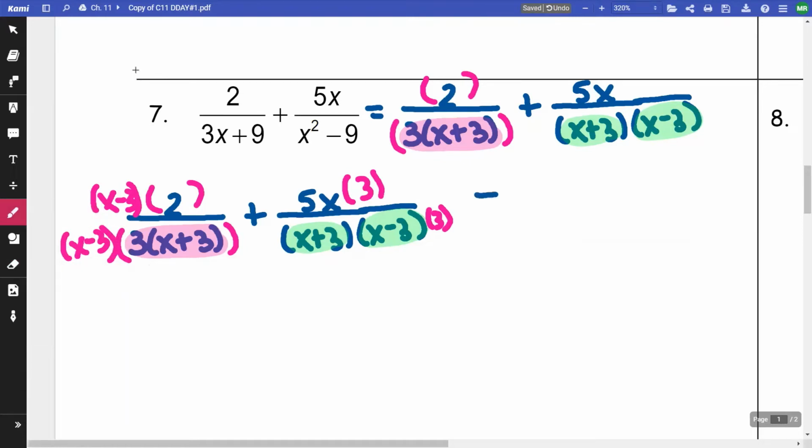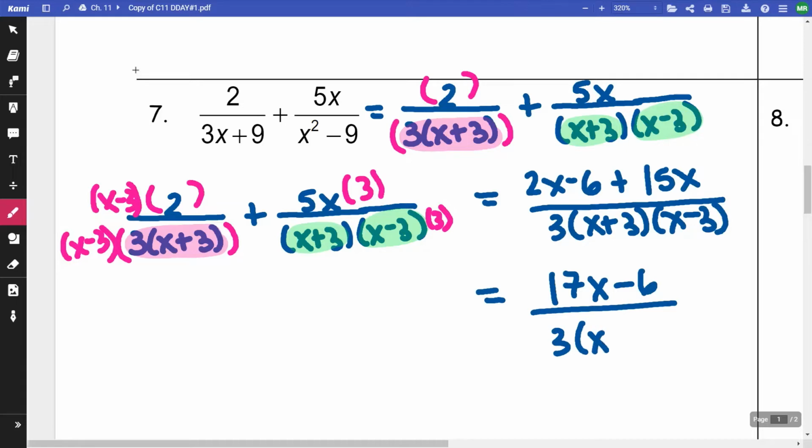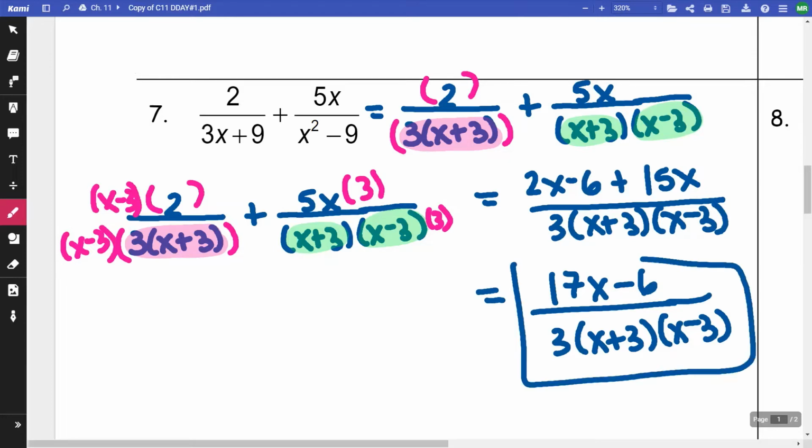Okay, so again, my denominator, I had a 3 and an x plus 3 and an x minus 3. That was my denominator. I'm going to distribute and get a 2x minus 6 and a 15x. I'm going to combine like terms and get a 17x minus 6 over 3 times x plus 3 times x minus 3. And that's going to be my answer.